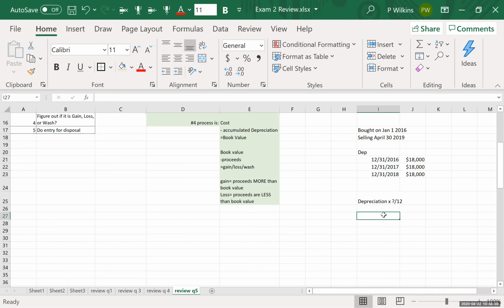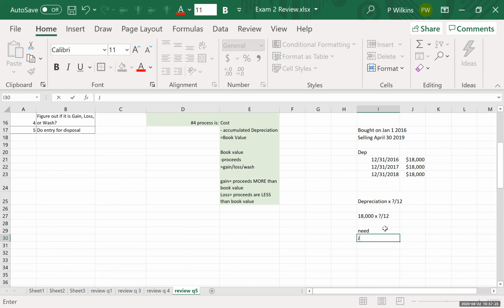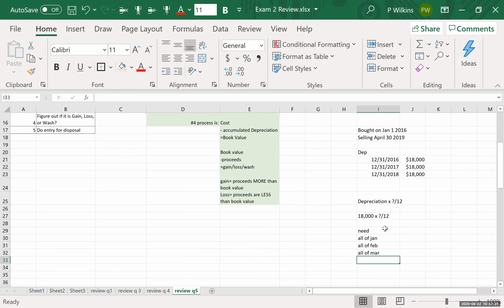So that would be 18,000 times something over 12, right? Okay. So how much time do we have? The last time it was done was December 31st, 2018. So we need it for all of January, all of February, all of March, and all of April because we're going to April 30th. So it actually becomes 4/12.